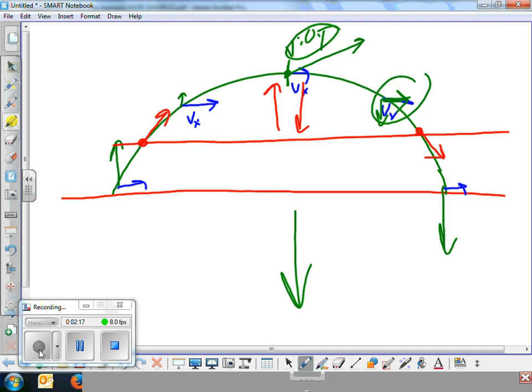The way up is equal to the way down as far as time. So our time to get to the high point is going to be equal to half of the total time, and the other half takes us that way.